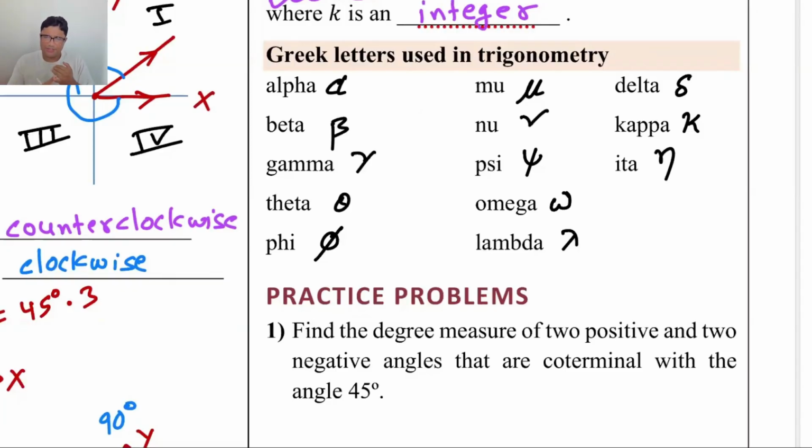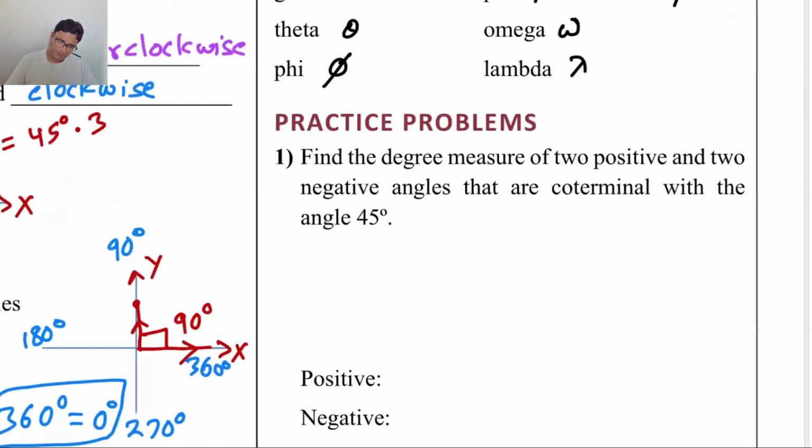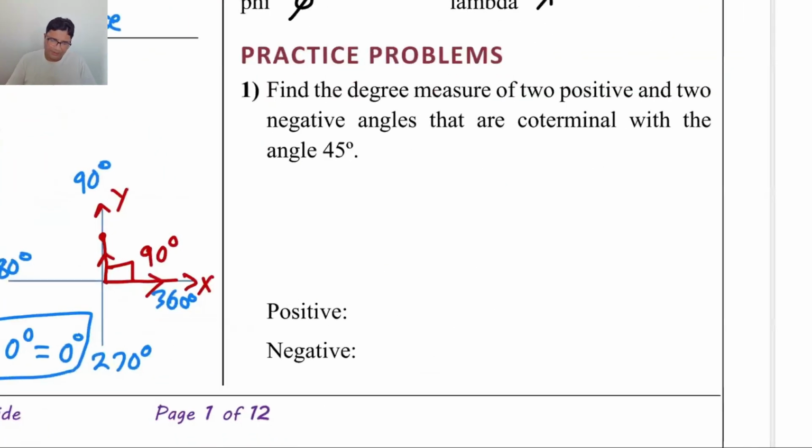You will very commonly see alpha, beta, theta, and I would say omega. These are very commonly used, and once here and there you will find these other Greek letters also being used. It'll be a fun thing, when you're not busy, you can practice writing these letters.